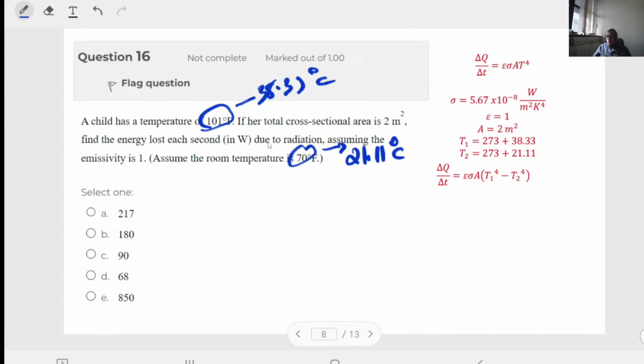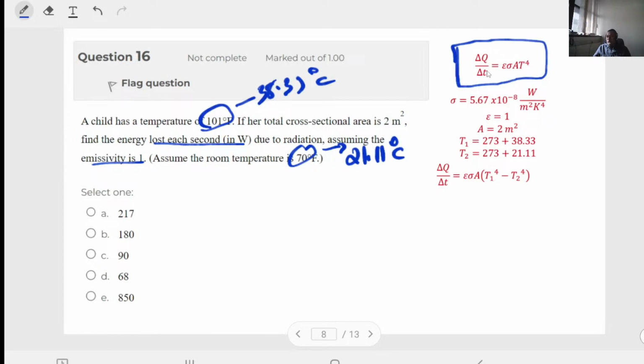Then the question is, find the energy loss each second in watts due to radiation, assuming an emissivity of 1. I don't know if you know this formula. Have you covered it in class?